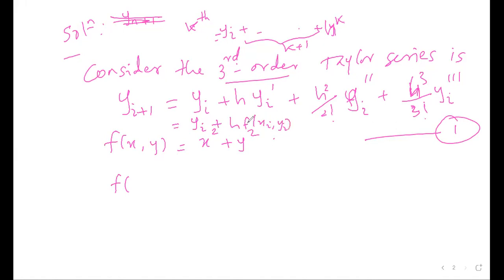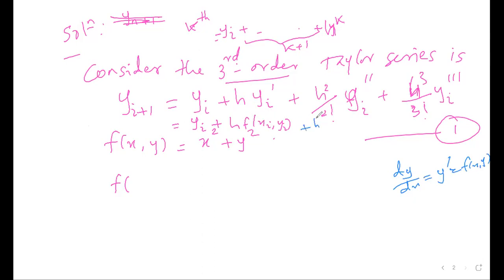So y dash is f of x comma y, isn't it? Am I right? Because when I explained, I told you dy over dx is what we call y dash. So that is f of x comma y. You have to use that here.